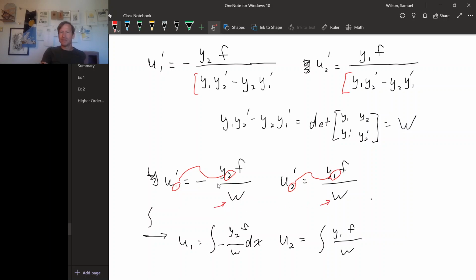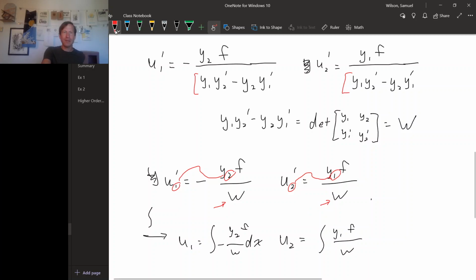So if you interchange your 1's and 2's, then a bunch of minus signs shuffle around. It gives you the same result when you write down your particular solution, but it will change how these formulas show up. So be careful to get everything in the right place. It's easy to lose a minus sign or to put a y2 where you wanted a y1, so just be careful.